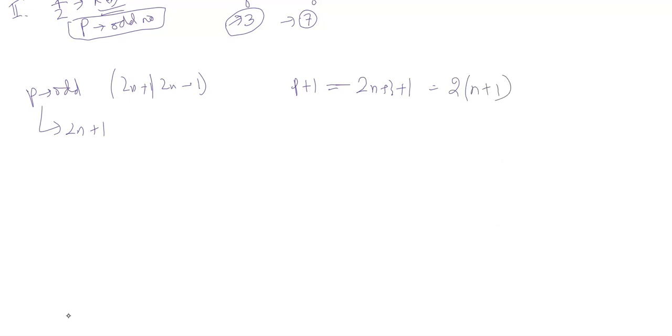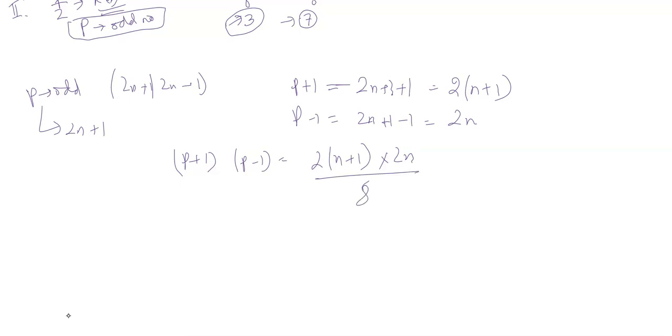What would be p minus 1? P minus 1 would be 2n plus 1 minus 1, which is 2n. Now notice if I take p plus 1 times p minus 1, I get 2 times n plus 1 times 2n, divided by 8, which is 4 times n times n plus 1 divided by 8.